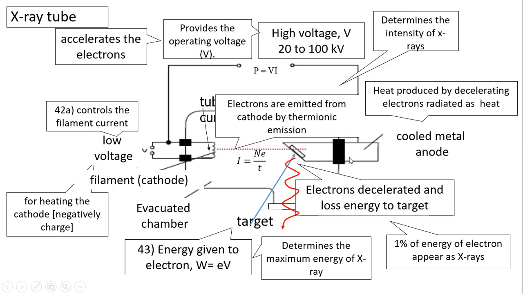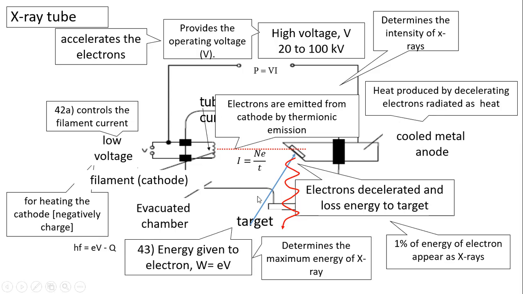Since there's a lot of heat produced in the anode, you have to get rid of it by cooling this metal anode. There are various ways of cooling it. So that is the kinetic energy given by the electron to the target. This is the photon or the X-ray that's produced.